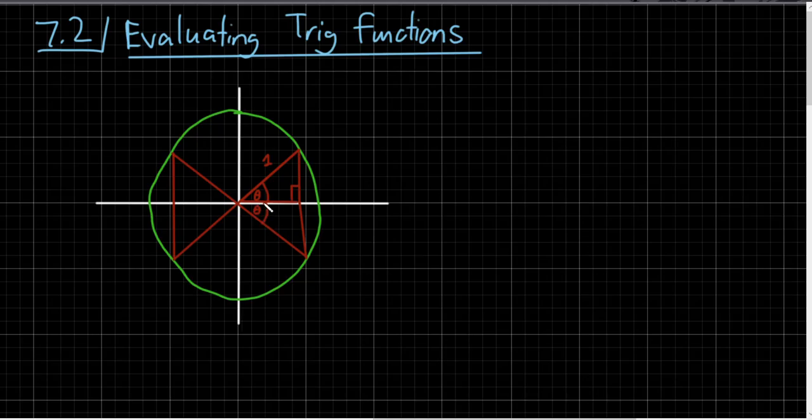And this is my reference circle. Reflecting over, like over here it's over the x-axis. This is over the x-axis. This is over the y-axis. So theta in all of these is called the reference angle.